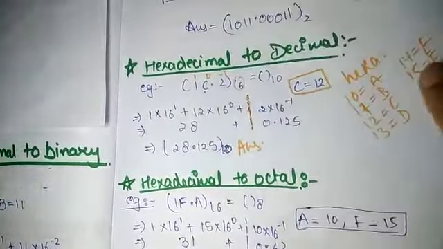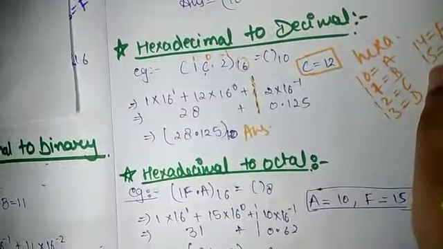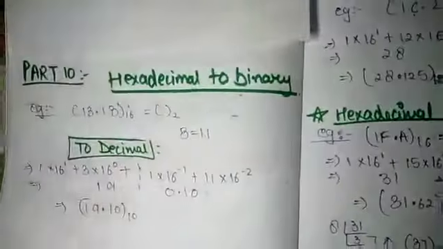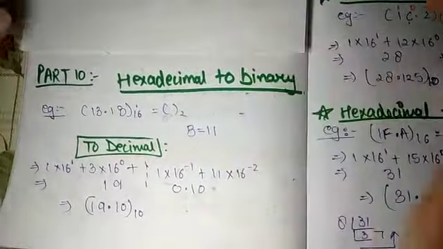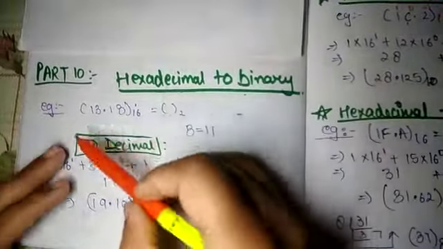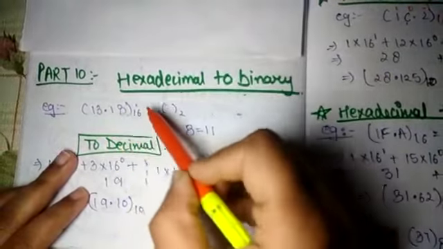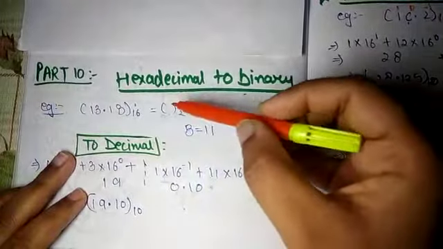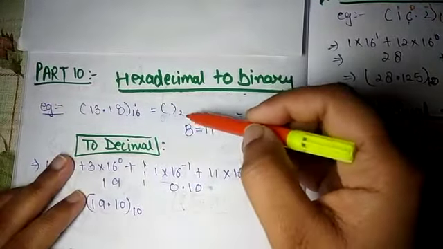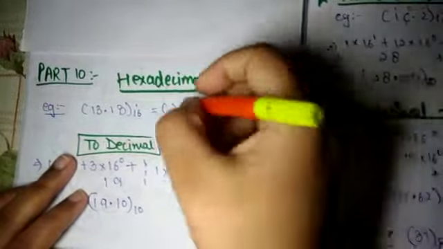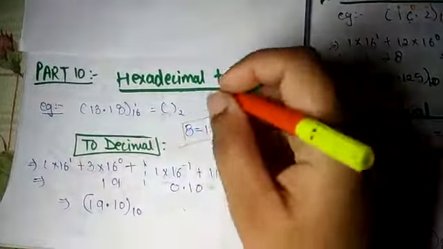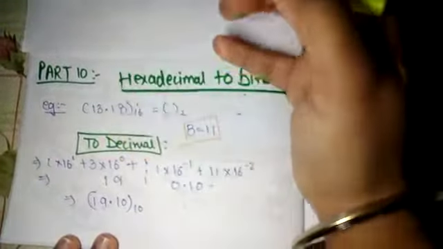Now we are understanding the hexadecimal to binary conversion. Our question is 13.1B base 16, and we have to convert it to base 2, that means binary. B here means 11, right?